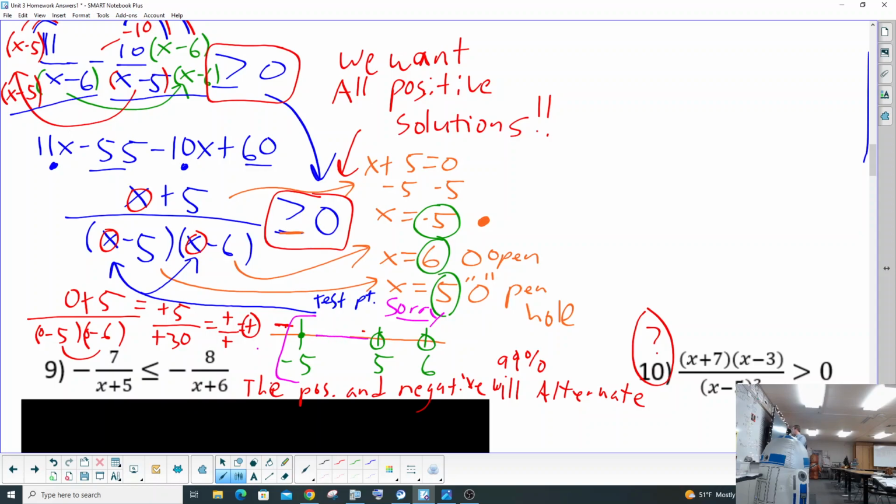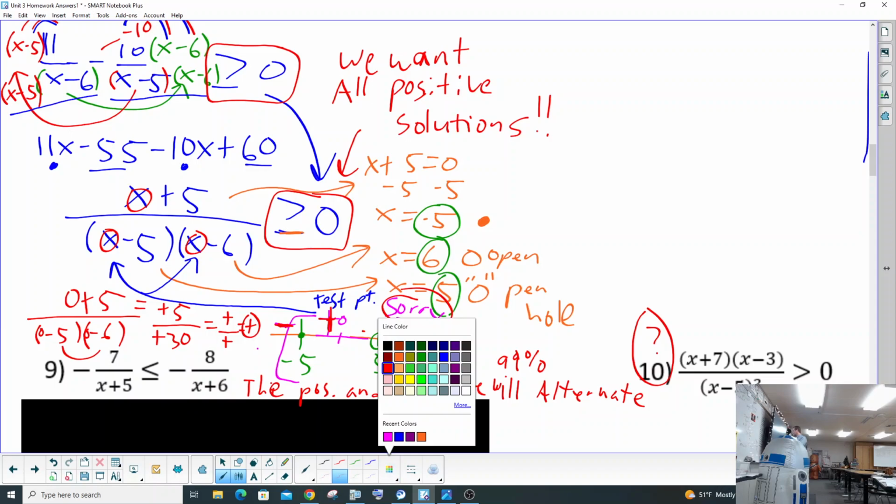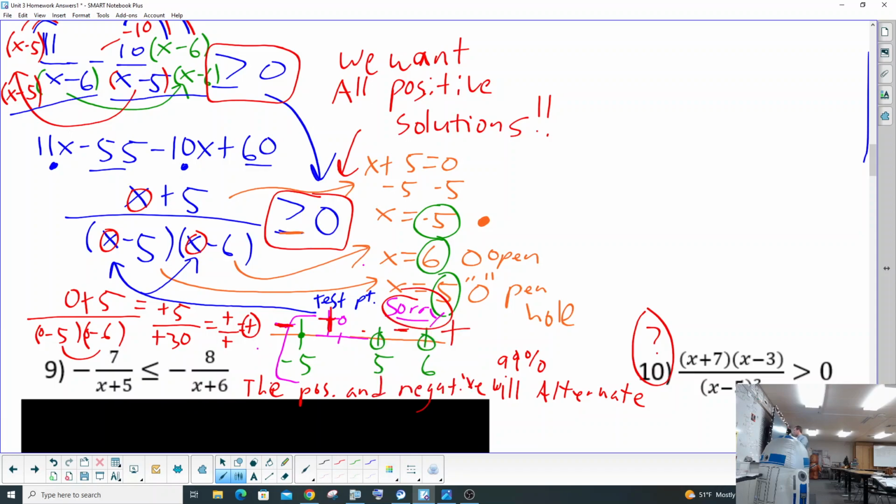We have between negative 5 and positive 5 a test point of 0, and so that meant we have a positive here. So it's going to go, let's do it in red, negative, then positive there, then negative, then positive. Okay, good. So now we're going to fix it there.